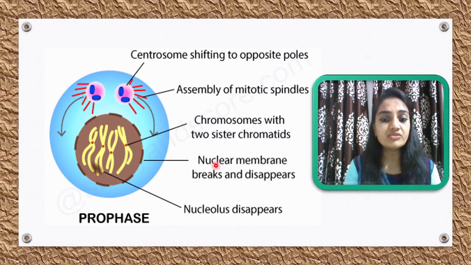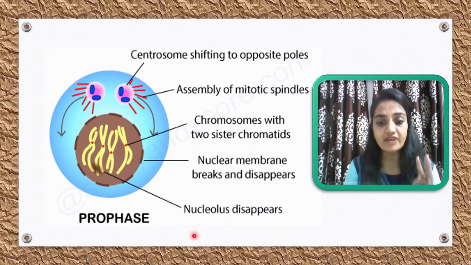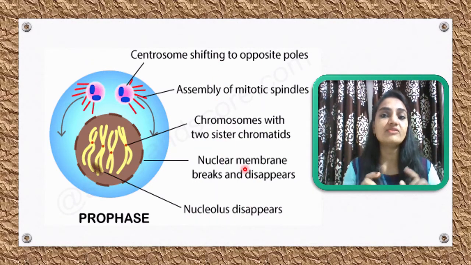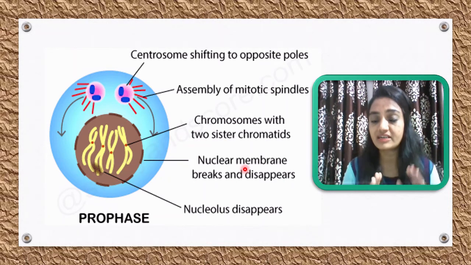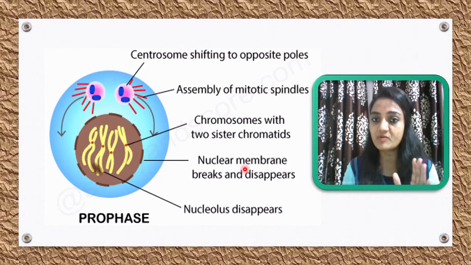Then the nuclear membrane breaks and disappears. This is the third event, and the fourth event you will observe is that the nucleolus disappears. By observing these events you can understand that the cell is in the prophase stage.